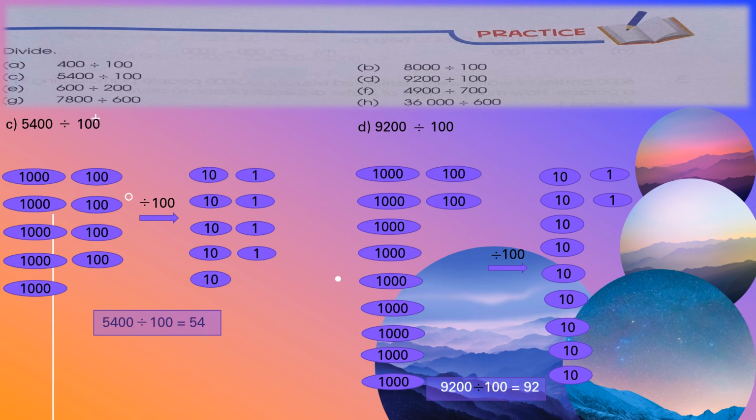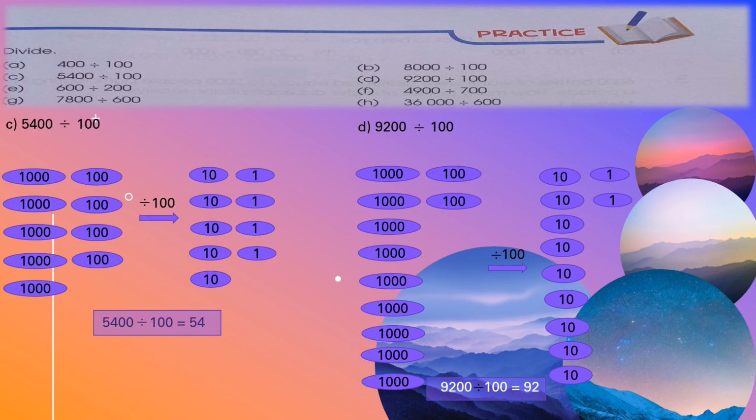For part C, we have 5,400 divided by 100. For 5,400, we have 0 ones, 0 tens, 4 discs of 100 and 5 discs of 1,000. After division by 100, we have 5 discs of 10 and 4 discs of 1. So 5,400 divided by 100 is equal to 54.